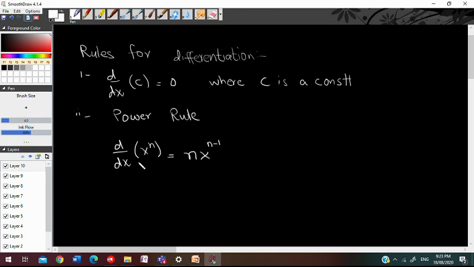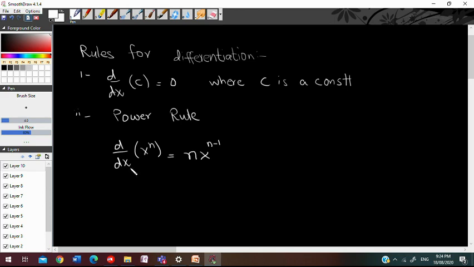Notice that this is also a function of x, and we are calculating the change of this function with respect to x, which is the independent variable.